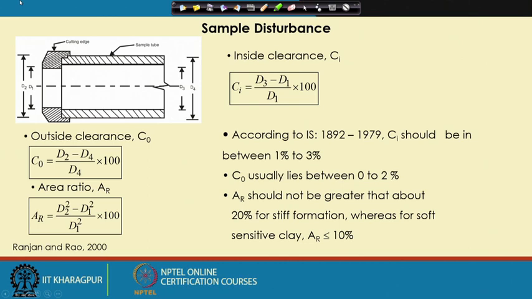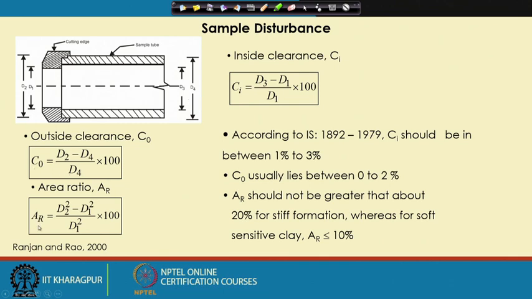Depending upon that, there are other criteria to collect the undisturbed soil sample. D1 is the internal diameter of the cutting edge, D2 is the outside diameter of the cutting edge, D3 is the internal diameter of the sampler tube, and D4 is the outer diameter of the sampler tube. Then C0 we can get by these expressions.